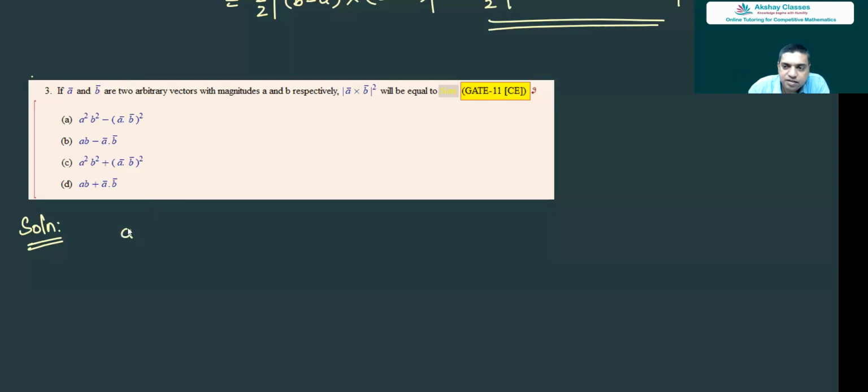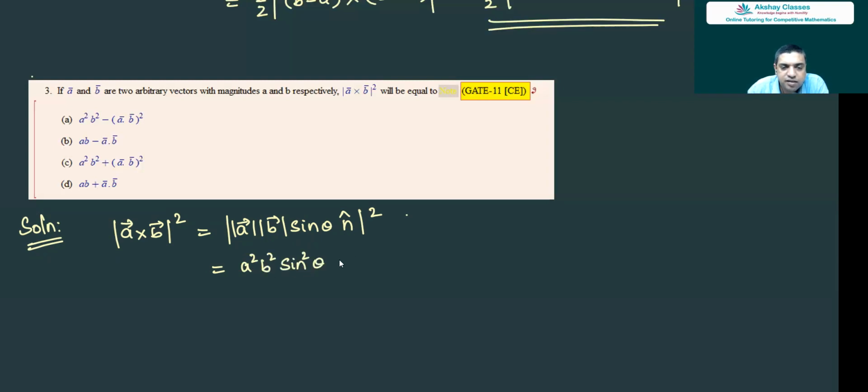Simple. Look at this. A cross B, modulus, whole square. A cross B is modulus of A, modulus of B, sine theta times n cap, whole square. So A, B, sine theta are scalars. So you get A square, B square, sine square theta, mod n cap whole square. Mod n cap is 1. So we get A square B square sine square theta.